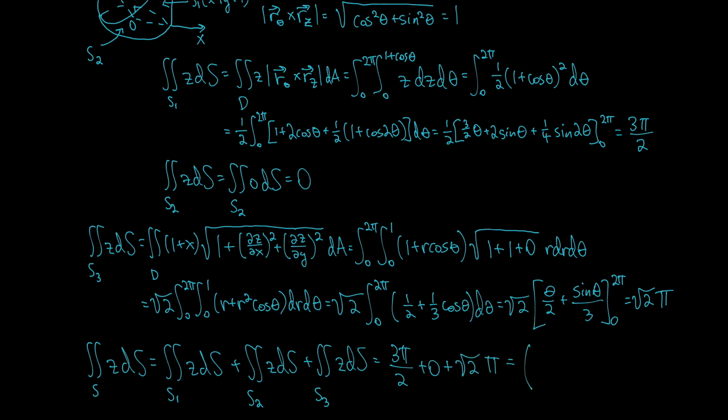And if we want, we could write that as 3 over 2 plus the square root of 2 times pi, by factoring out the pi.